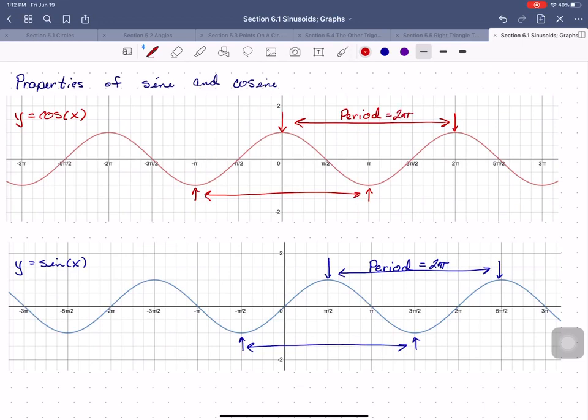What that means is that the cosine of an angle is equal to the cosine of the same angle plus or minus actually any multiple of 2 pi. And the same thing is true for sine.